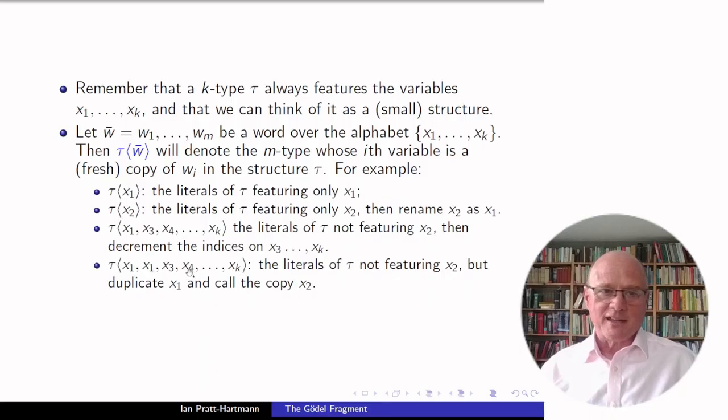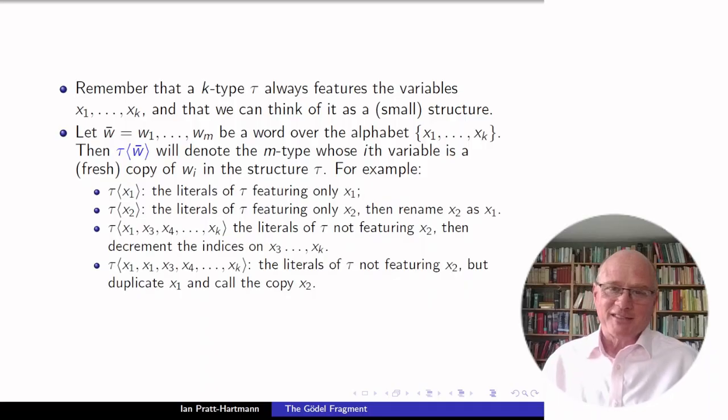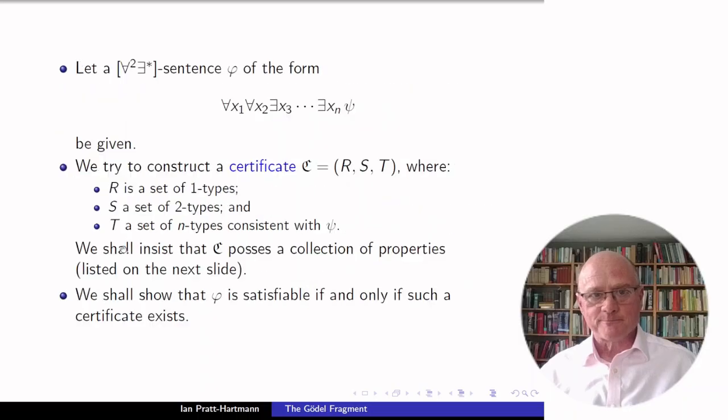So what does that actually mean? Well, if you want to know whether a literal is in this type here, replace x2 by x1, leave x1 alone, so you're duplicating x1, and then see if the resulting literal is in the original k-type Tor, and that determines your k-type. So it's still a k-type, but it's not the k-type we started with. It's a k-type in which x2 has been thrown away and x1 has been duplicated and called x2.